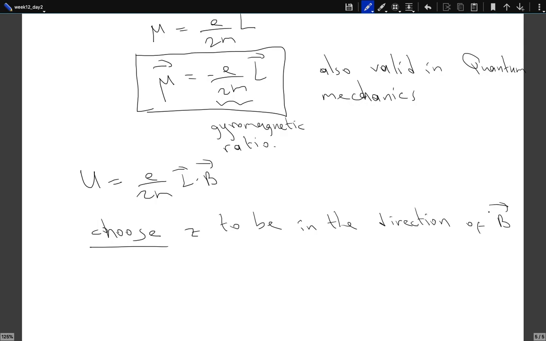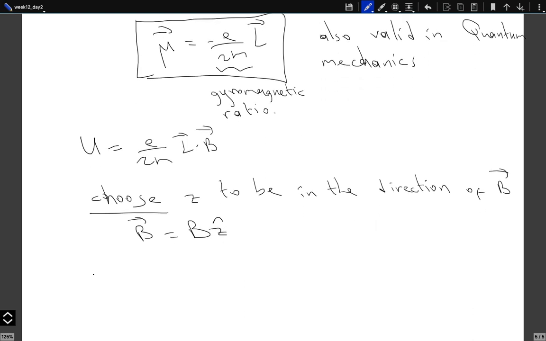I haven't specified any z-axis, so I can choose it in whichever direction I like. I would like to simplify my problem, so I will choose my z-axis to be in the direction of the B field. So the magnetic field has its magnitude in the z direction. In that case, the potential energy due to this magnetic field will be e over 2m times B times Lz.